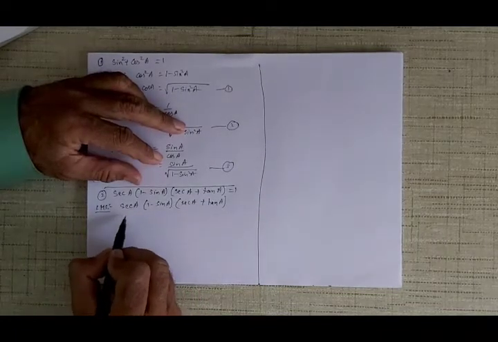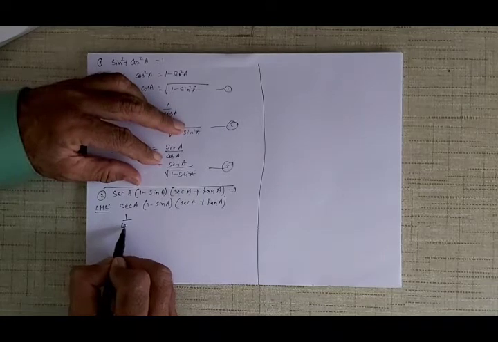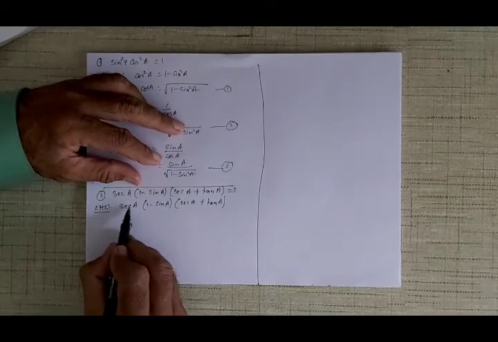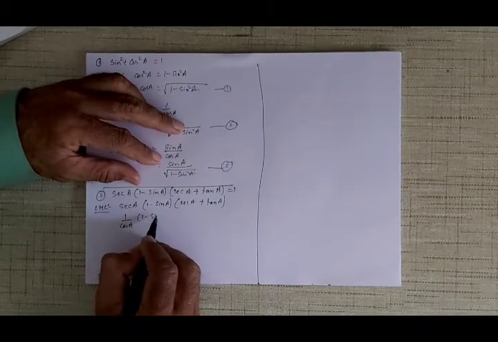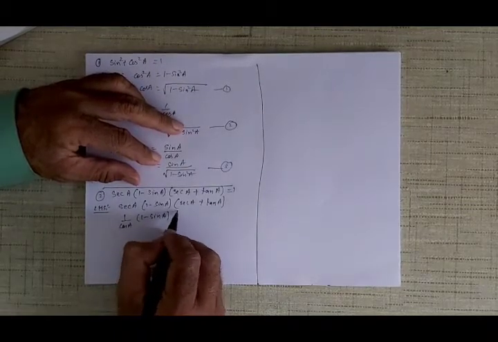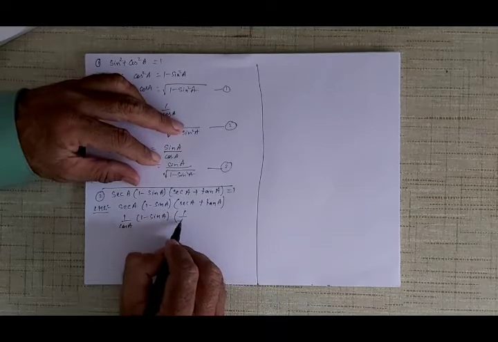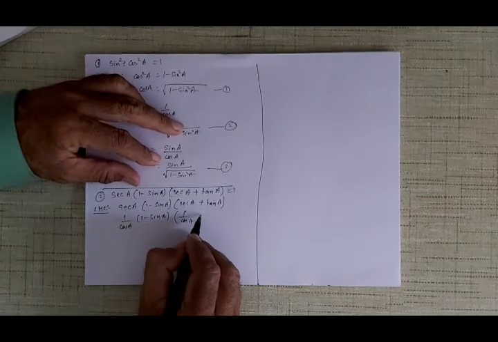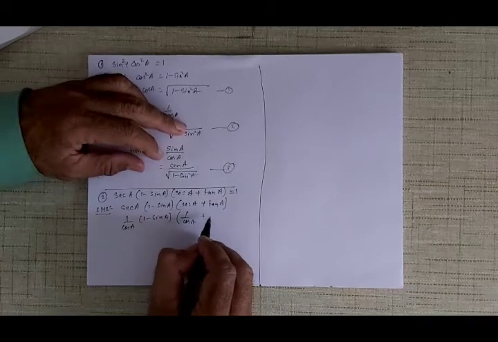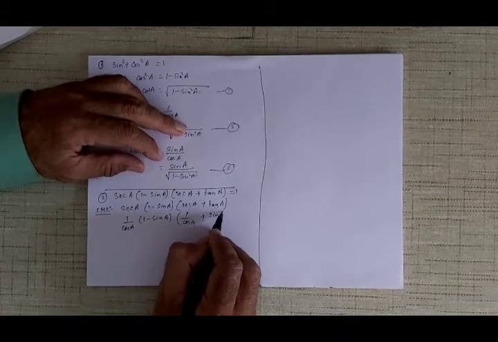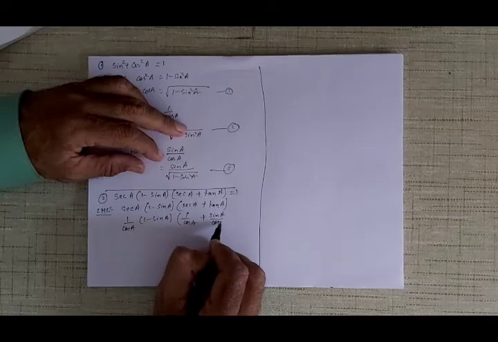Sec is the reciprocal of cos, so I am writing 1 upon cos A in place of sec. 1 minus sin A, keep it as it is, and sec can be written as 1 upon cos A plus tan A. Now tan can be written as sine A upon cos A.